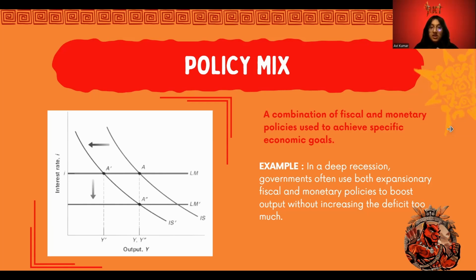Now, what this means is, first, they will use an expansionary fiscal policy. This means they would decrease the taxes and they would increase government spending, which leads to a shift in the IS curve. But they also use an expansionary monetary policy, which boosts the output, but without increasing the deficit.